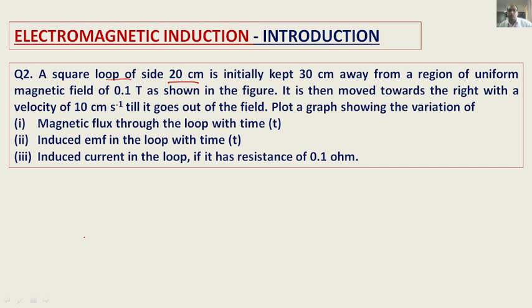So let us make that loop a square loop of side 20 centimeter, initially kept 30 centimeter away, it means at a distance of 30 centimeter away from a region of uniform magnetic field.